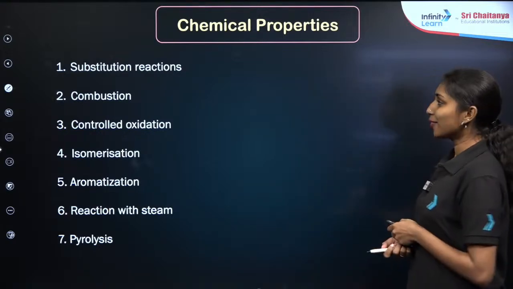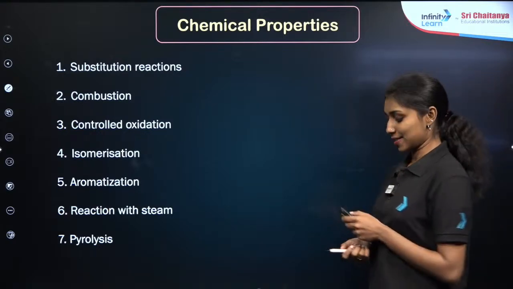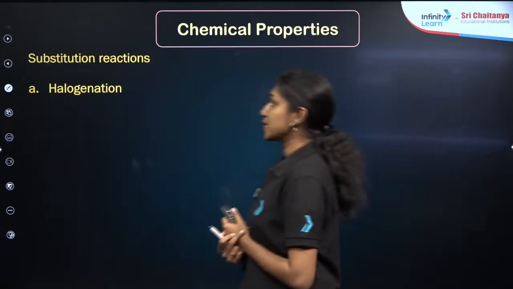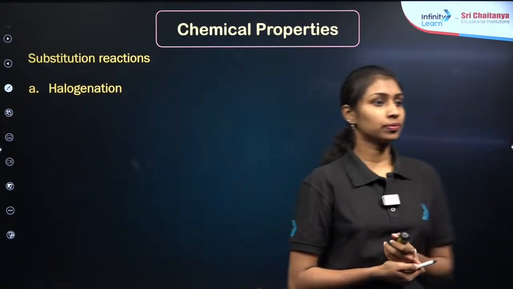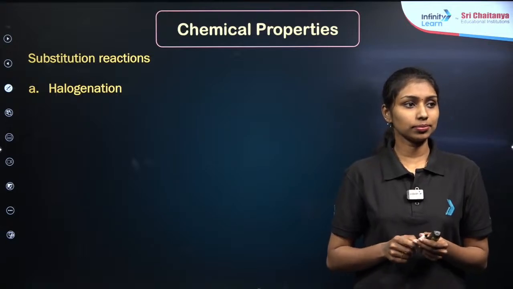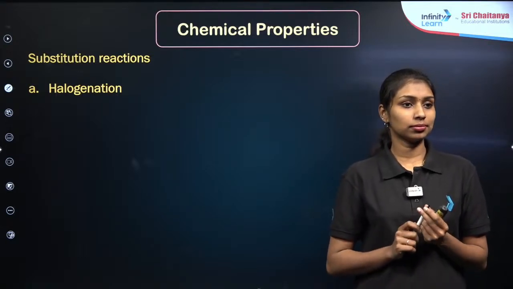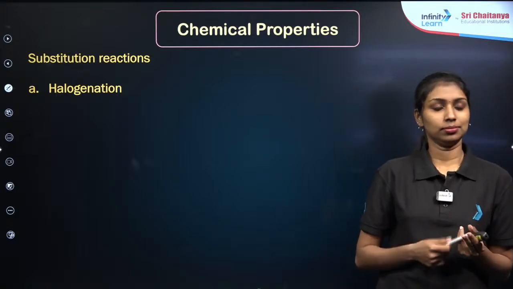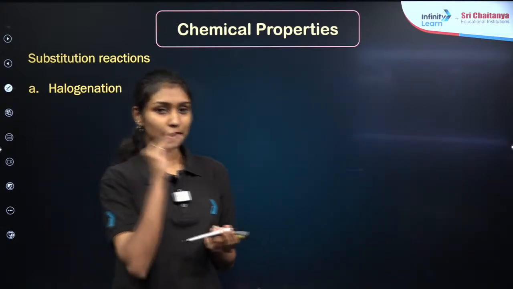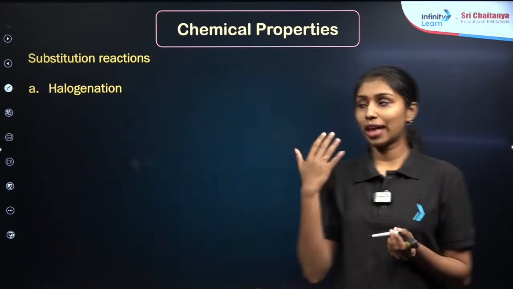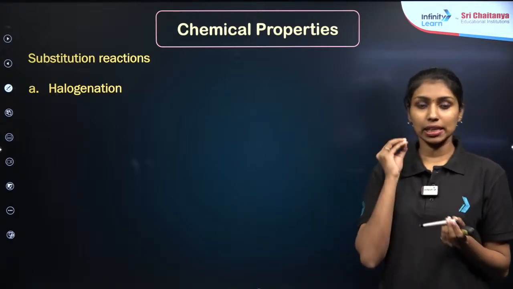Yes, let's start with the first reaction, that is substitution reactions. What do you mean by substitution? Something is replacing, instead of something, some atom or group is replacing that place.